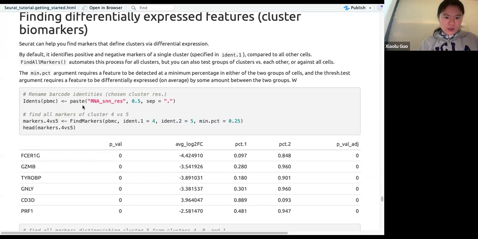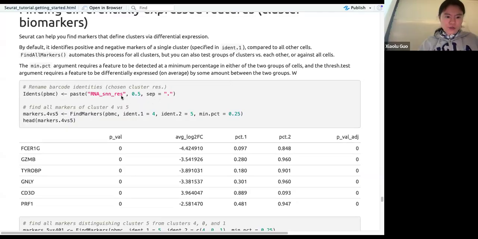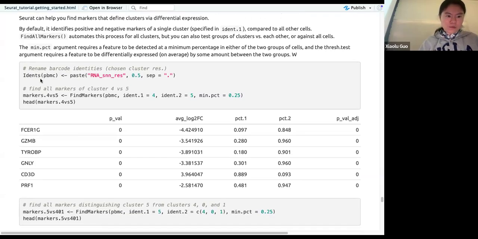First, using the low resolution as an example, we identify the gene markers and the cell type markers with just one line. For this Seurat object, we give the first cluster, cluster 4, as the first we want to compare, and then cluster 5 as the second cluster we want to compare.